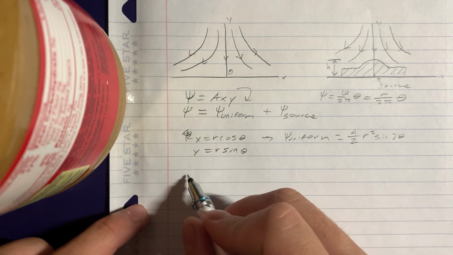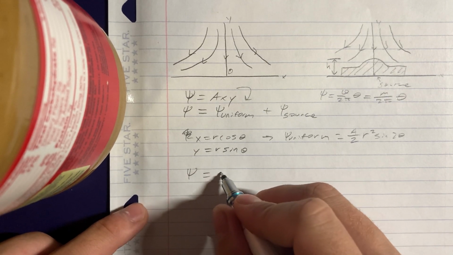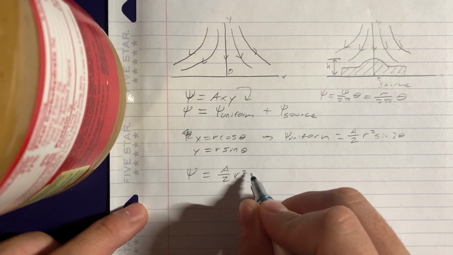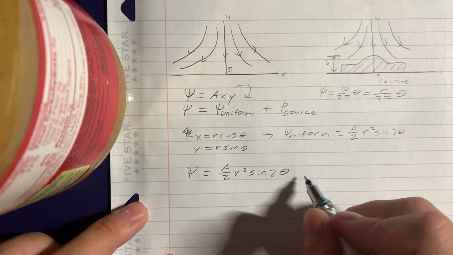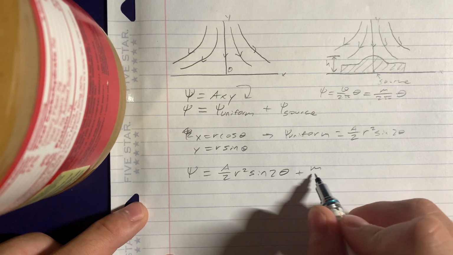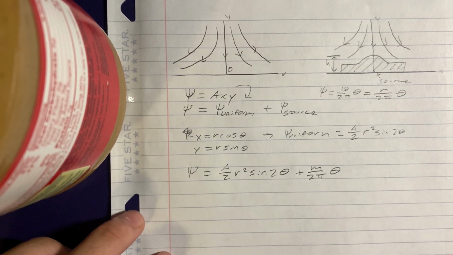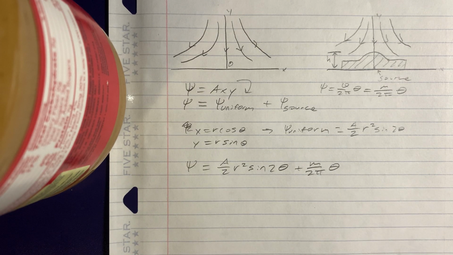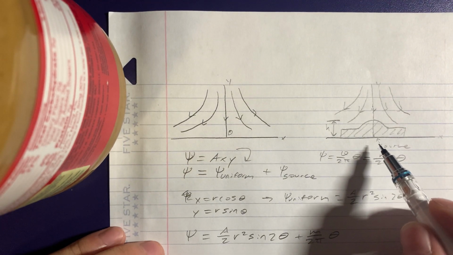So now our total stream function is going to be A over 2 times r squared sine 2 theta plus our source. Our stagnation point happens at the point over here.